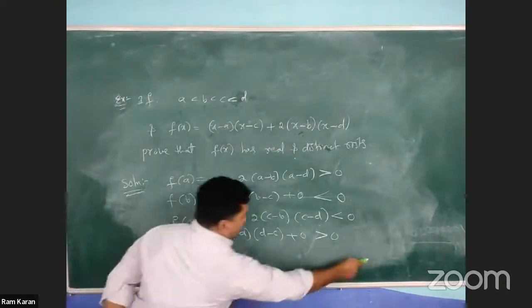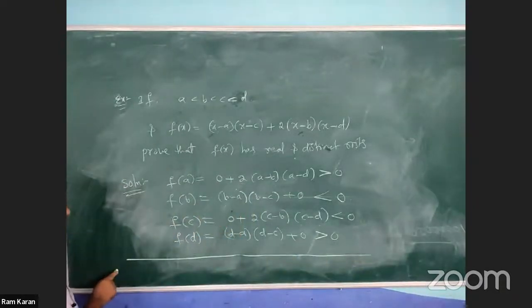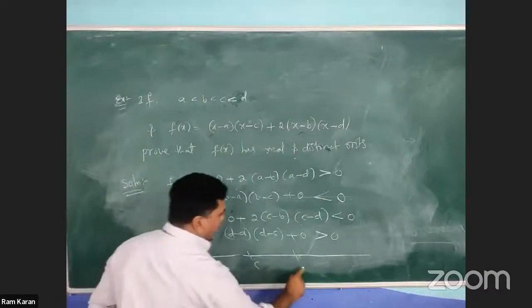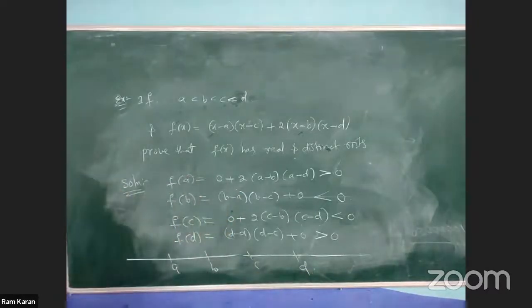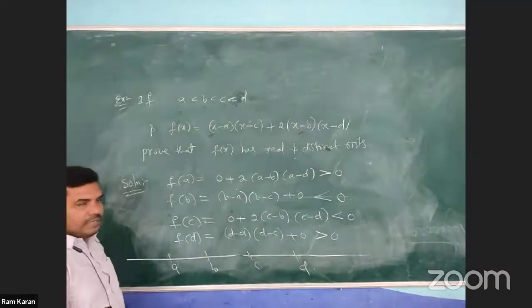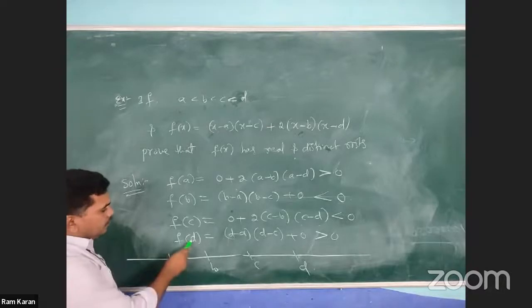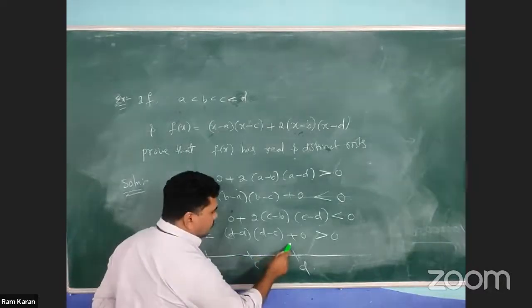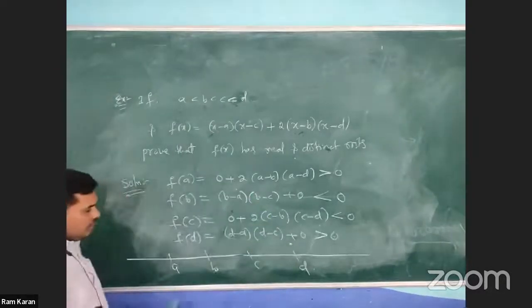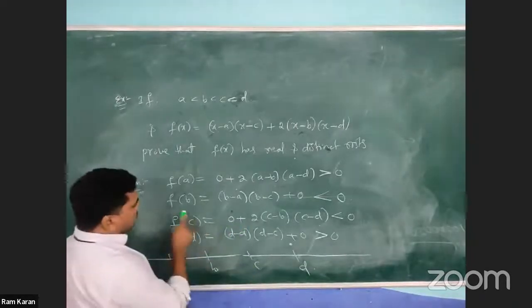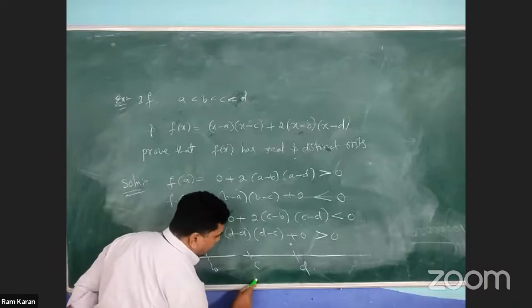Now draw the real axis and mark the points a, b, c, and d, as we discussed in the wavy curve method. After d, substituting d gives a positive value, so the curve is above. f of c is a negative value.